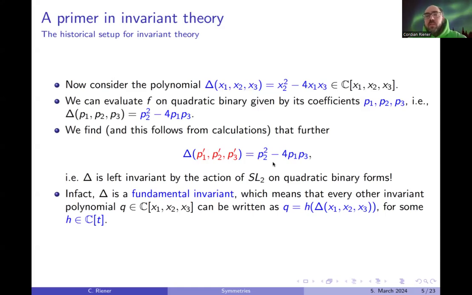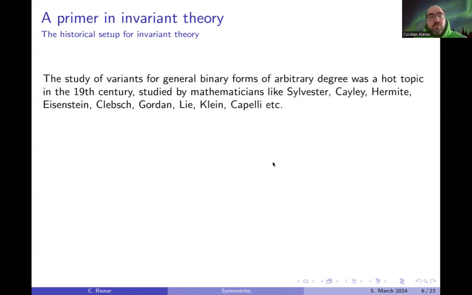Okay, so this is something that people starting with Gauss have been interested in looking at for binary forms, and this was a pretty important business in the 19th century.